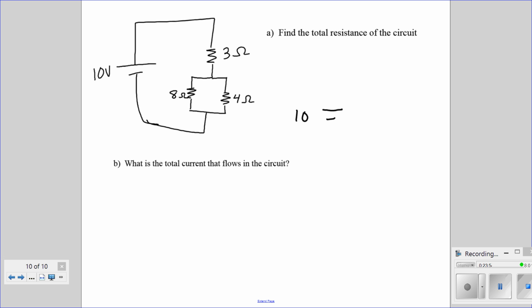again, we would have this 10-volt battery. We would have this 3 ohm resistor. And then if I wanted to combine these together, we would have 1 over the parallel part.